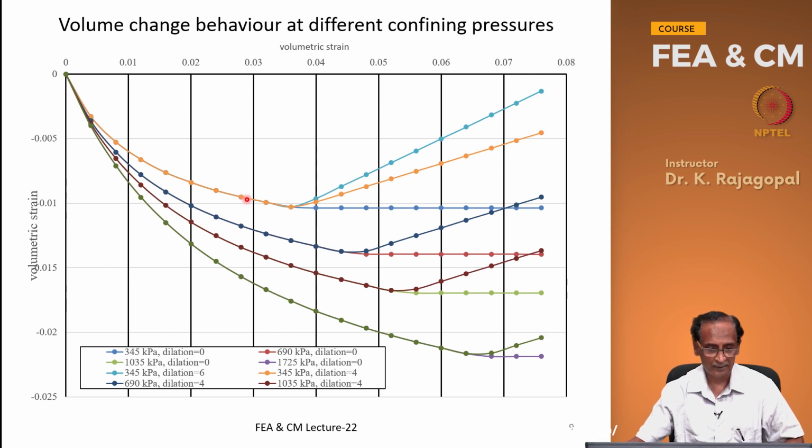And this is at 345, then 690, then 1035, and then 1725. And these are all the responses that we get with the different dilation angles. So, after plastic failure, if this curve is flat, that means that it is a dilation angle of 0, and with a higher dilation angle we will see a higher slope.